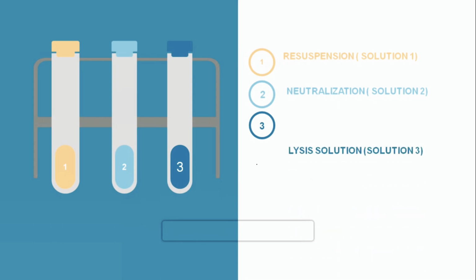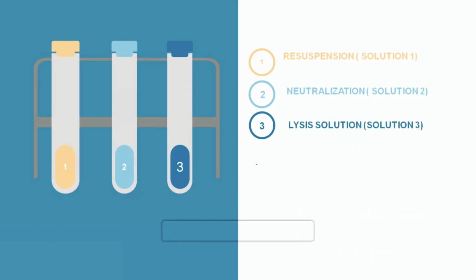The next is lysis solution. The lysis buffer here is SDS. The detergent solubilizes the phospholipids and the proteins of the cell membrane, resulting in cell lysis and the release of cell contents.